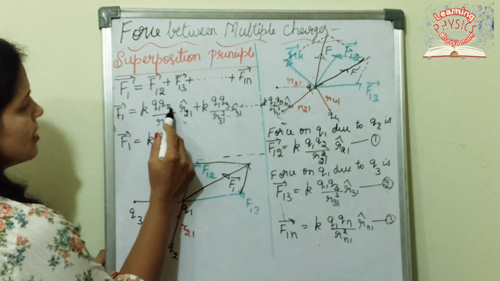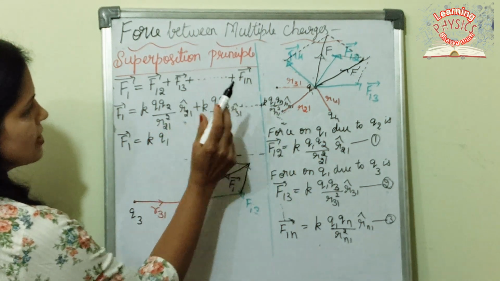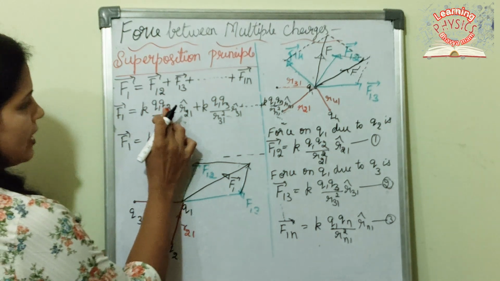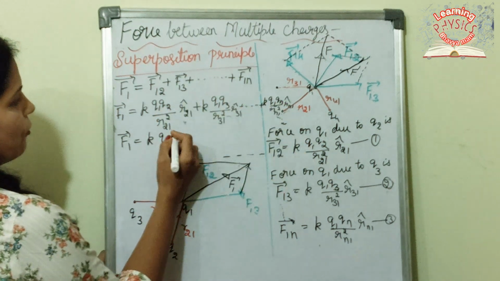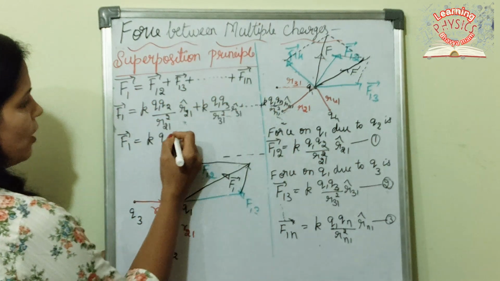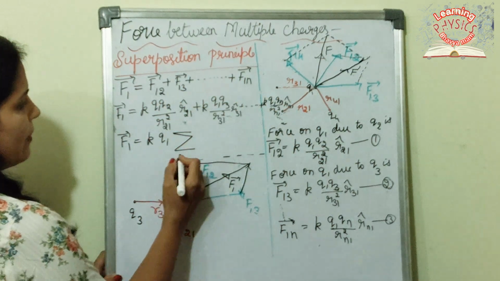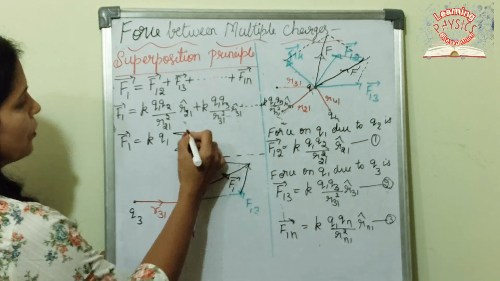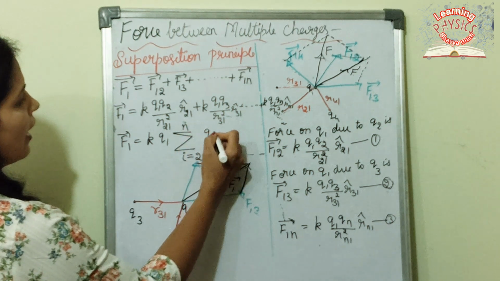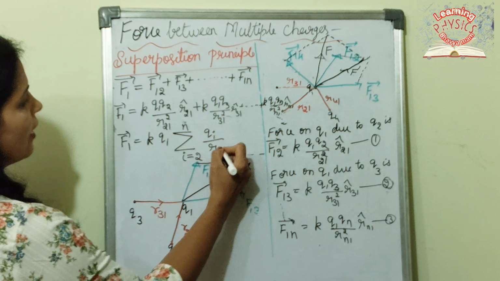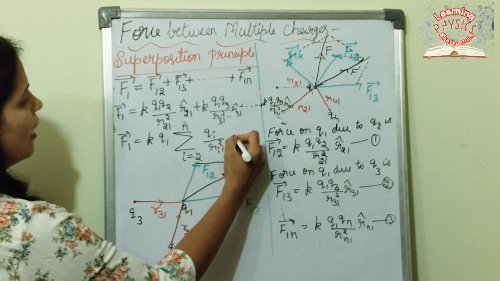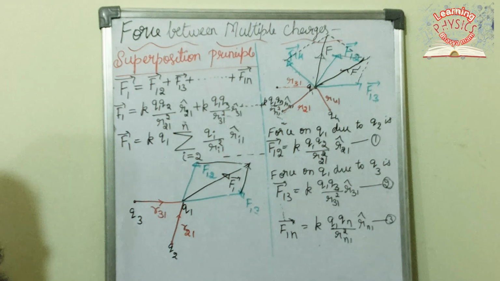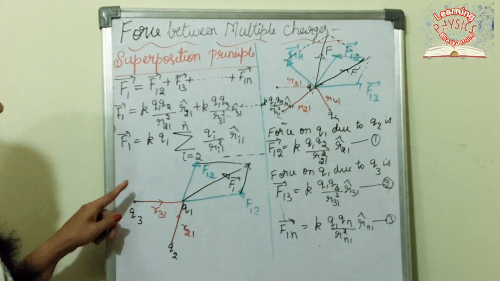That means the second charge is a variable, so it varies from 2 to n, and we are adding all these. So let us write summation. i is a variable, varies from 2 to n. Qi divided by Ri1 square, Ri1 cap. Is this clear, students?